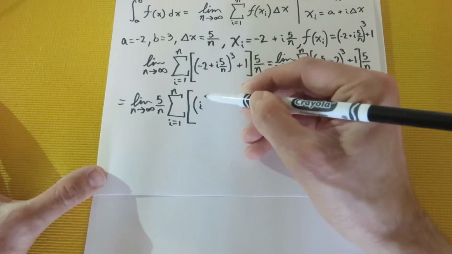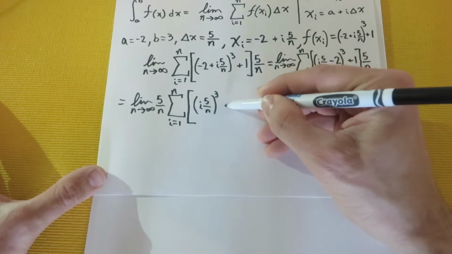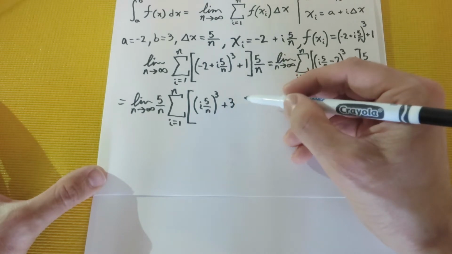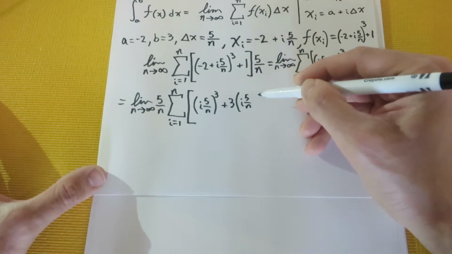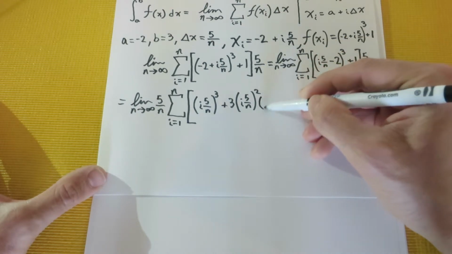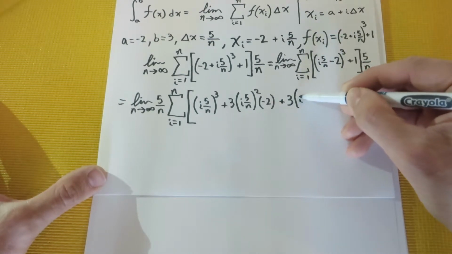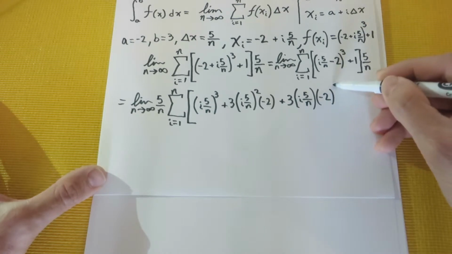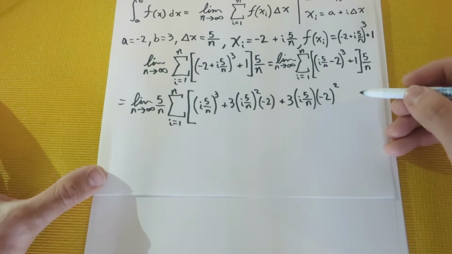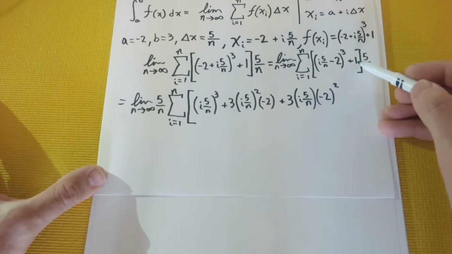That is going to give us i 5 over n cubed, plus 3 times, I'm just using Pascal's triangle here, i 5 over n squared times negative 2, plus another 3 times i 5 over n times negative 2 squared, minus, let's see, when we have this negative 2 cubed, that's going to be negative 8, and then plus 1 is going to give us minus 7.